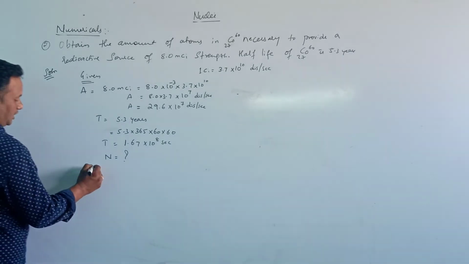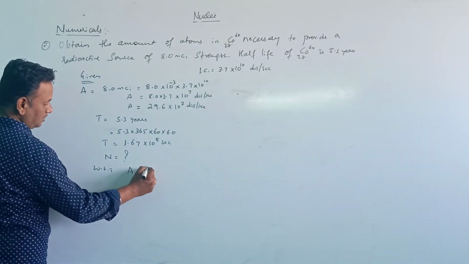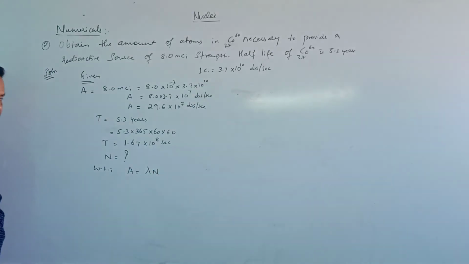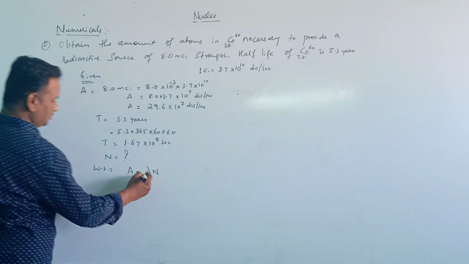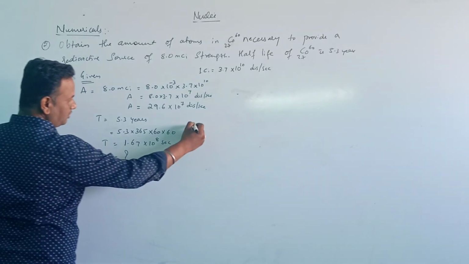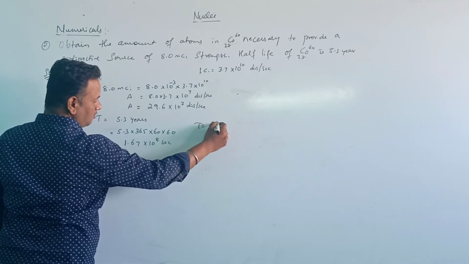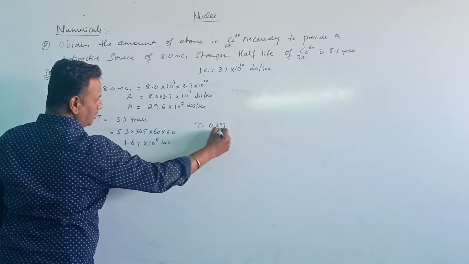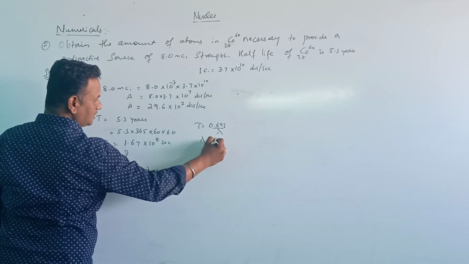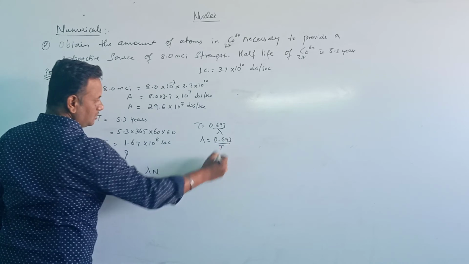So we know that activity is equal to lambda into N. As also we know that half life is given by T is equal to 0.693 divided by lambda, or lambda can be written as 0.693 divided by half life.